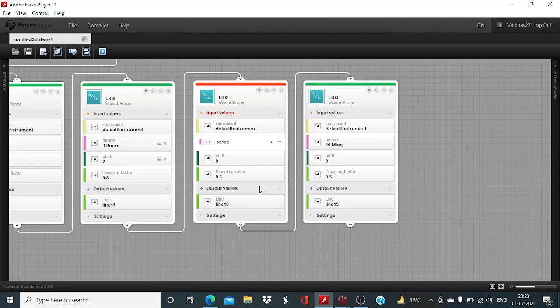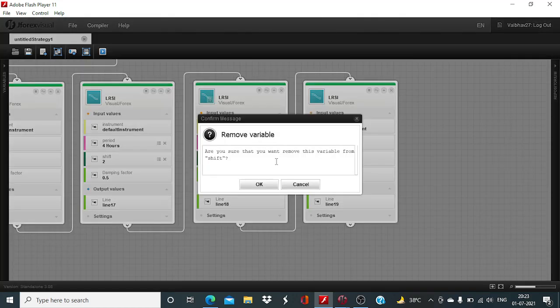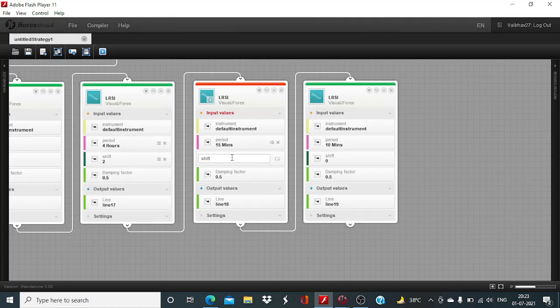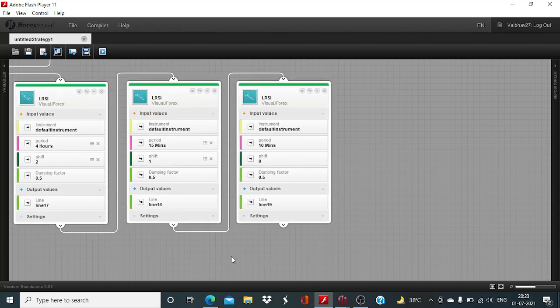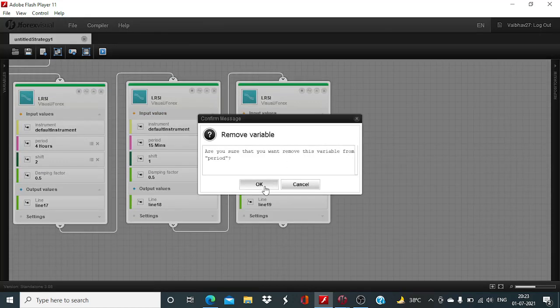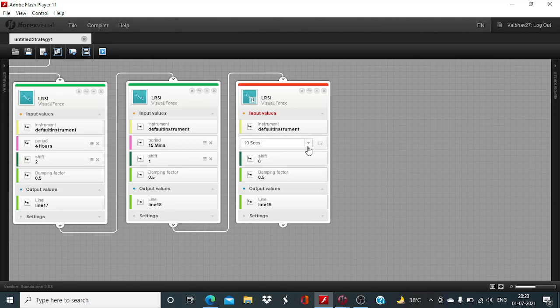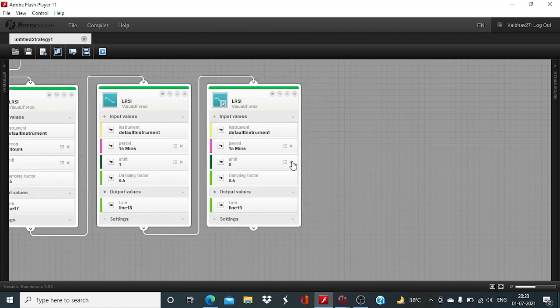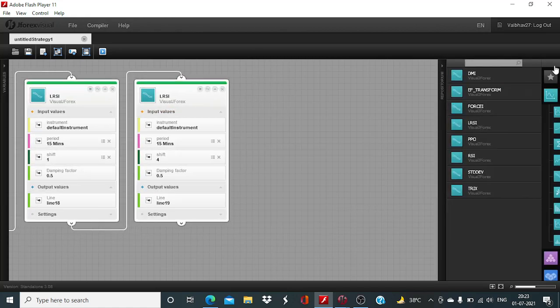This will be changed now to 15 minutes, and shift value is going to be 1. Second block is going to be changed to the lookback period of 4. Candle period is going to be 15 minutes. One more LRSI block will be needed.